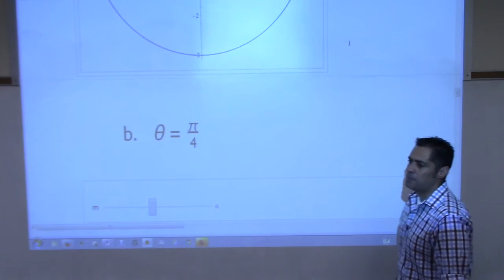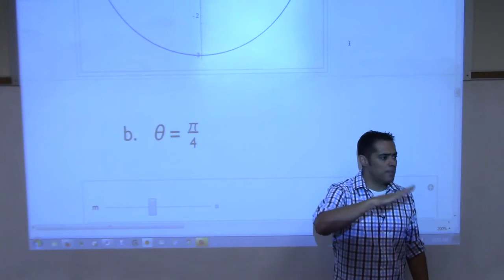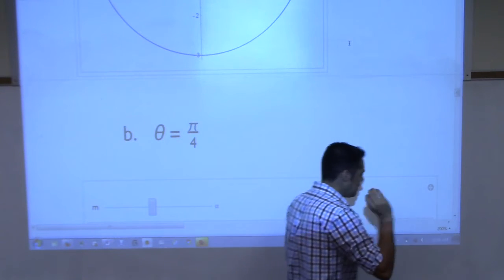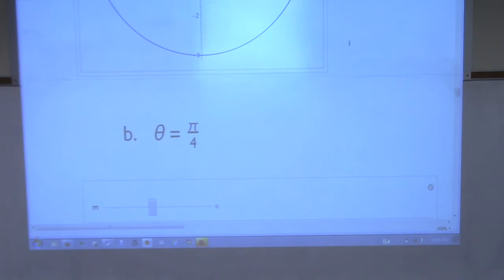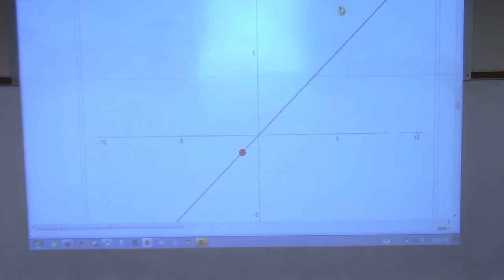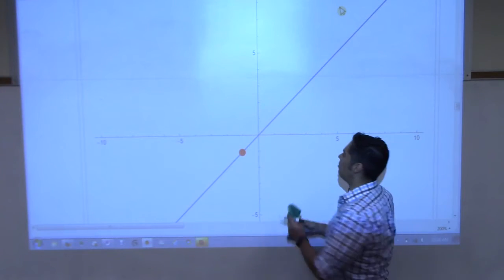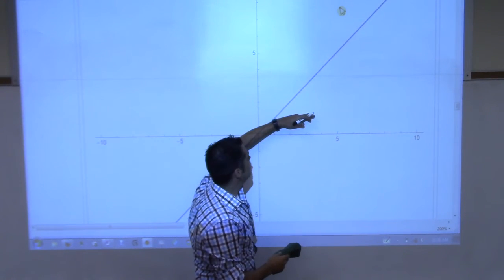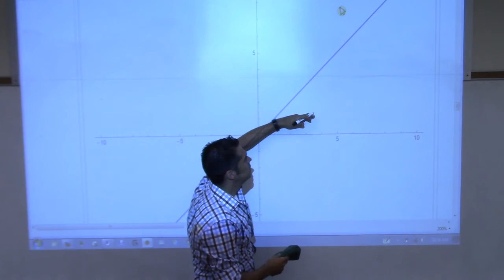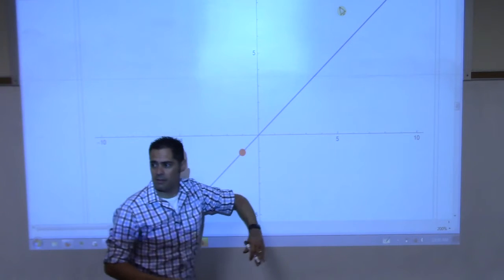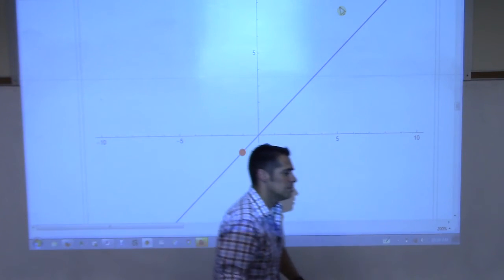Theta is pi over 4. Now it's every point that lies on that rotation angle of pi over 4. The radius is independent, it isn't in here, so you're going to have that diagonal. Pi over 6 would be like this. If theta was pi, it'd be the x-axis. Pi over 2 would be the y-axis.